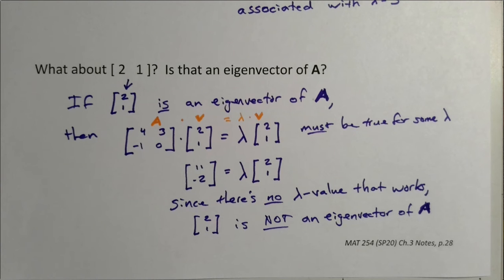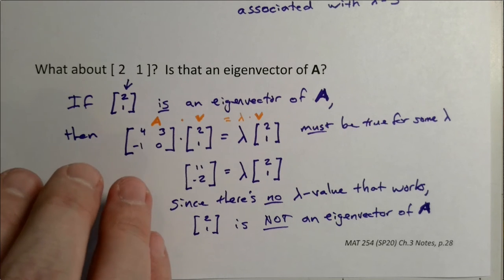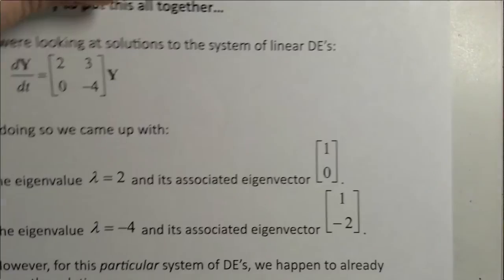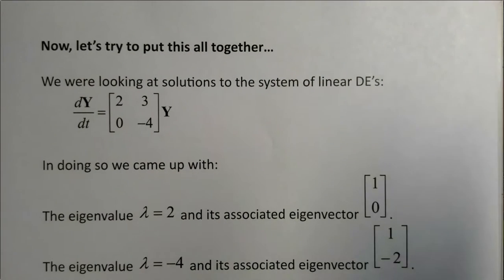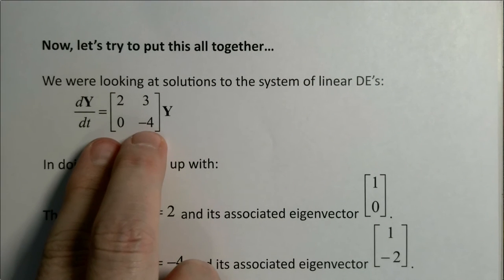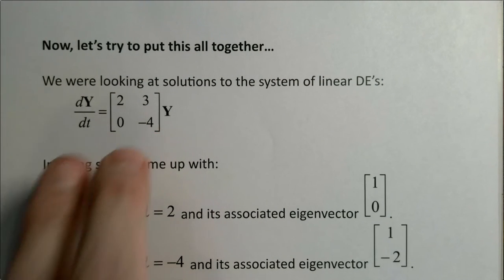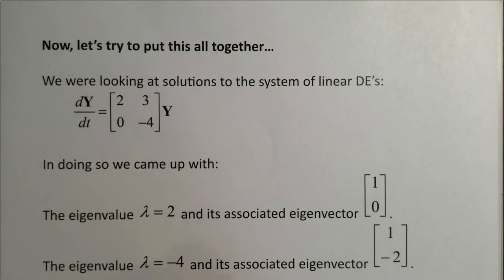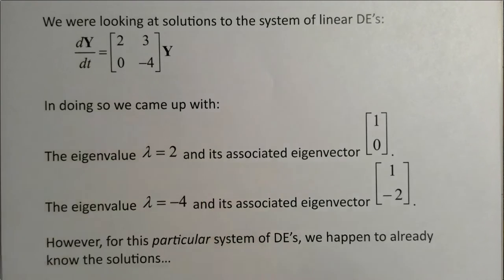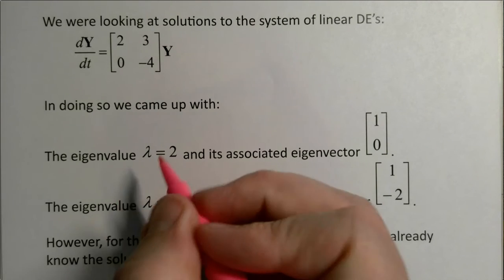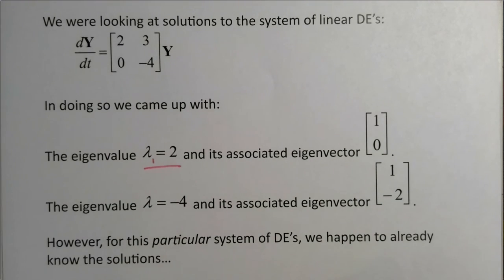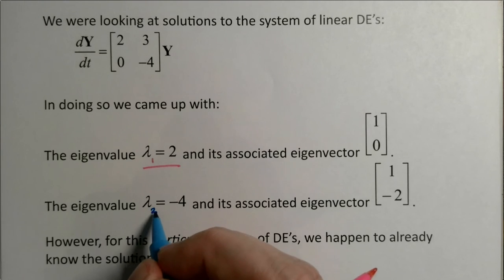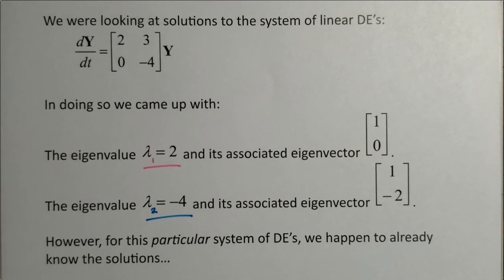And one last time, we're going to go back to our example from before. We're going to put it all together by taking a look at that system one last time. When we figured out what the lambda values were, we came up with 2 lambda values. We called this one lambda 1, and we called this one lambda 2. I'm going to color code them because, as you can imagine, it's kind of important.